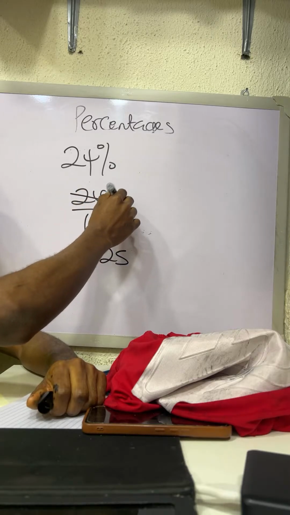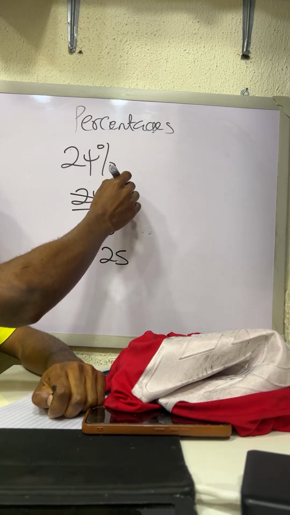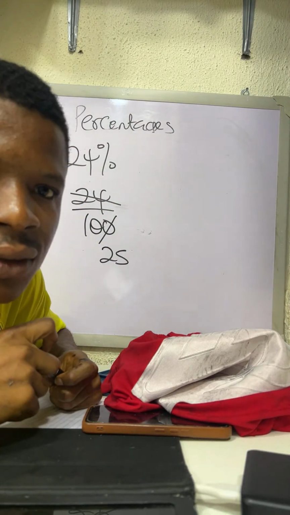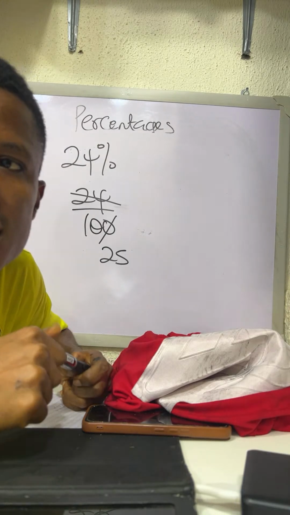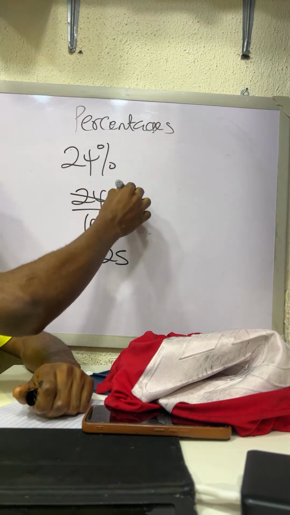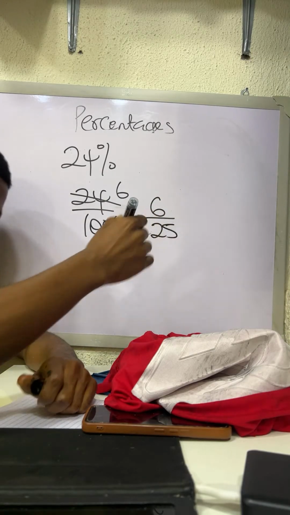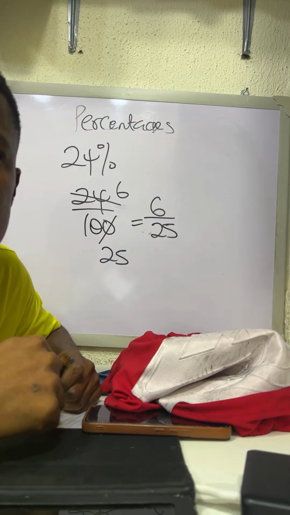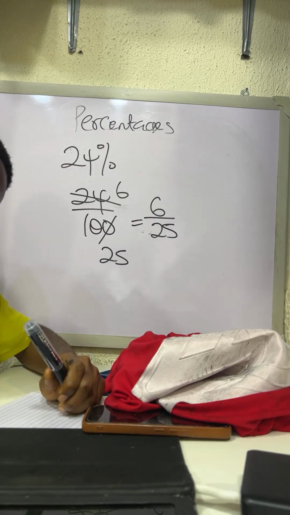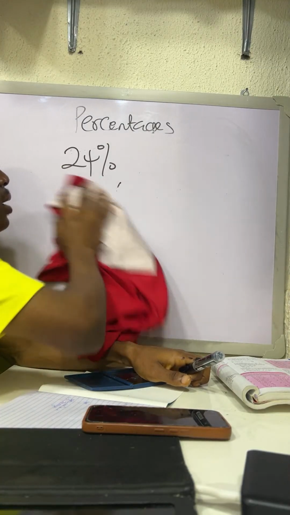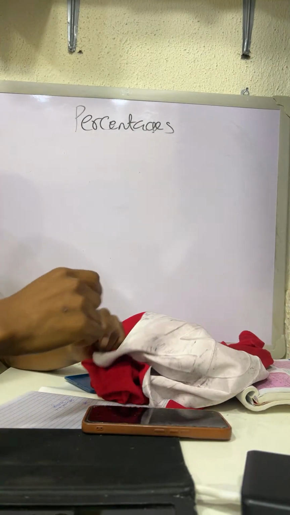If you divide 24 by 4, you get 6. So the answer is 6 out of 25. So this is very, very easy to do. Once you master it, it will be very easy and stress-free.